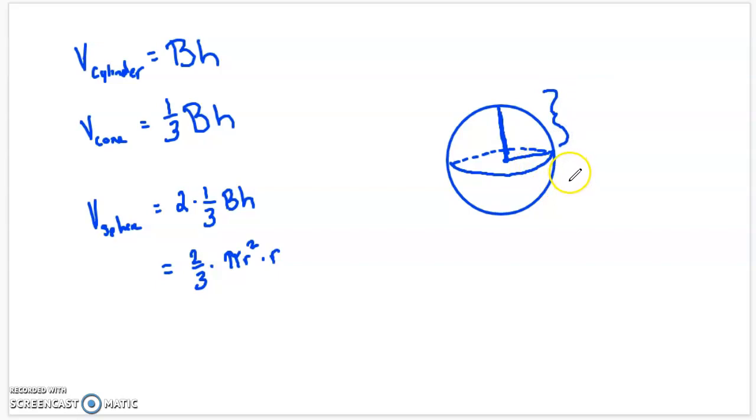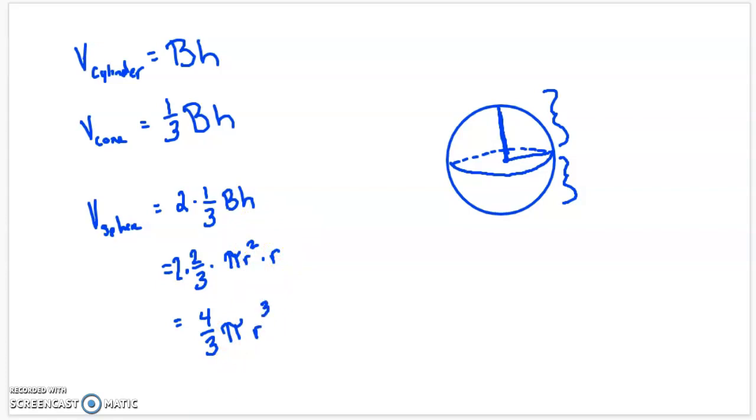So we want to make sure that we're not just calculating the volume of half of a sphere, we need to calculate the volume of the entire sphere. Okay, so we need to actually take that and multiply by 2 again, so we have both halves of our sphere. So we have 4/3 pi, and then radius squared times radius is going to give us radius cubed.